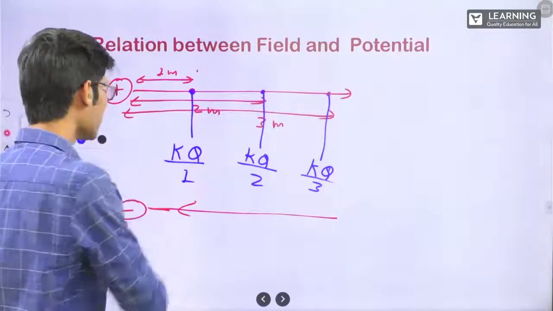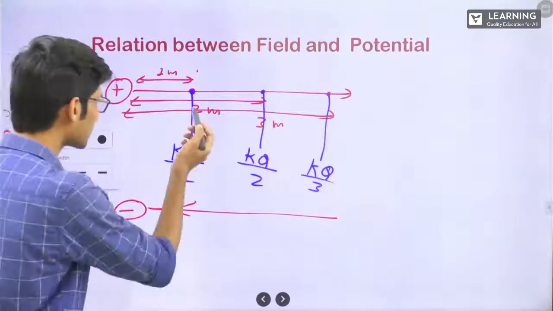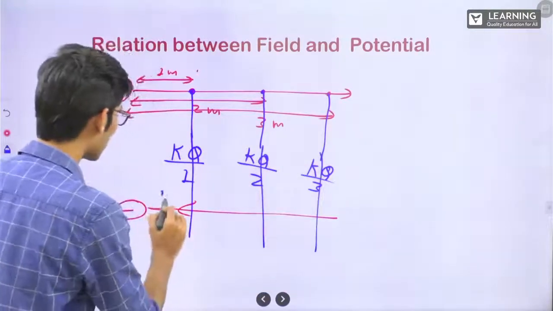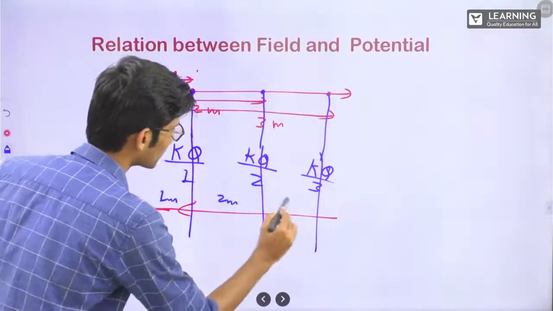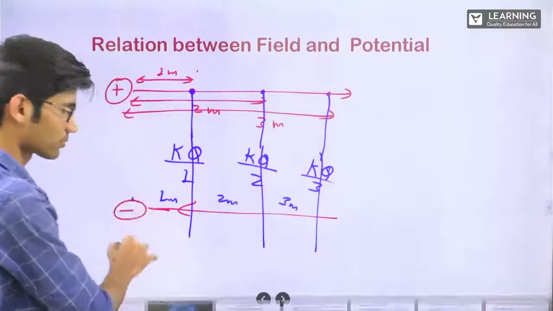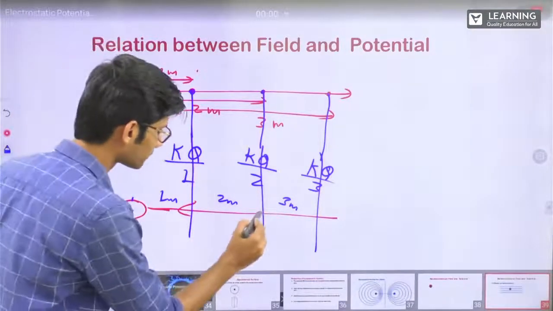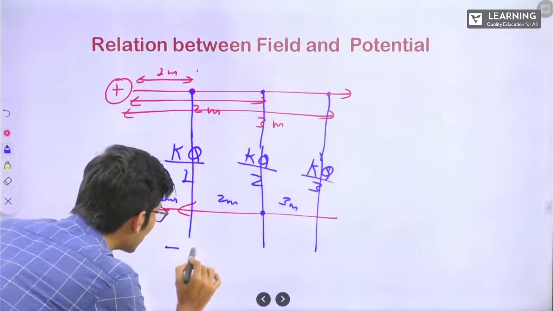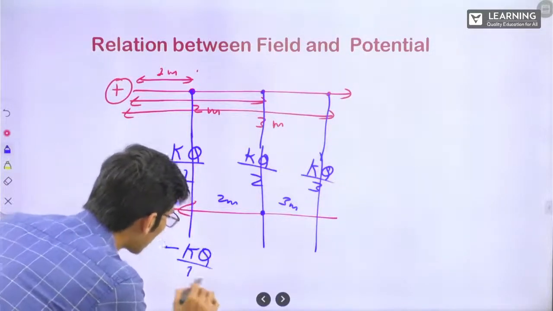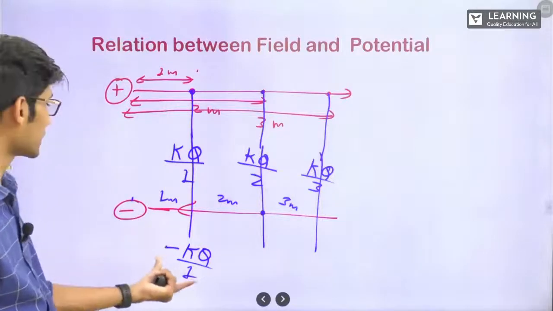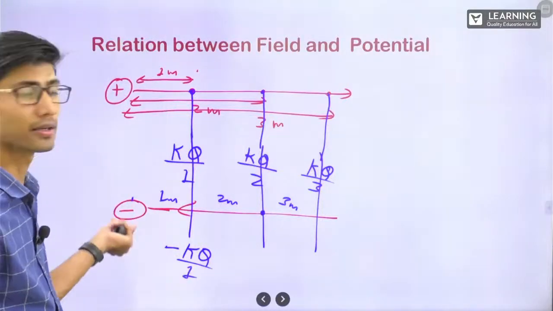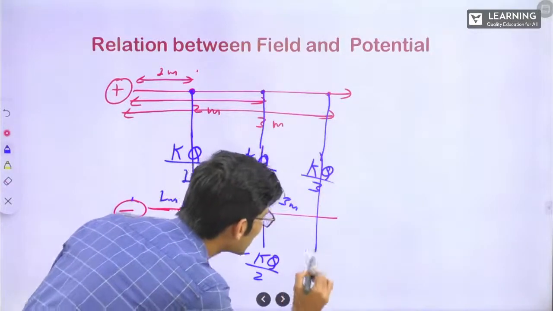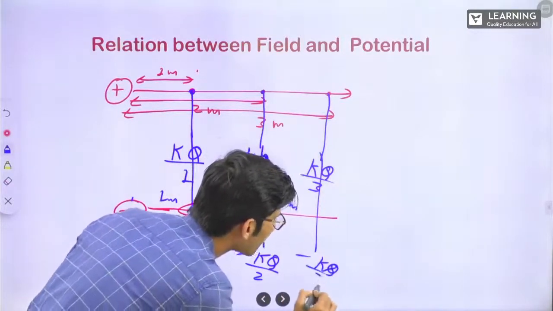If I take these same 3 points, this is at 1 meter, this is at 2 meters, this is at 3 meters from this charge. At this point, the potential will be minus KQ by 1. It's a negative charge. Potential is a scalar quantity, it comes with a minus sign, right? Here it will be minus KQ by 2. Here it will be minus KQ by 3. Are you yes or no?